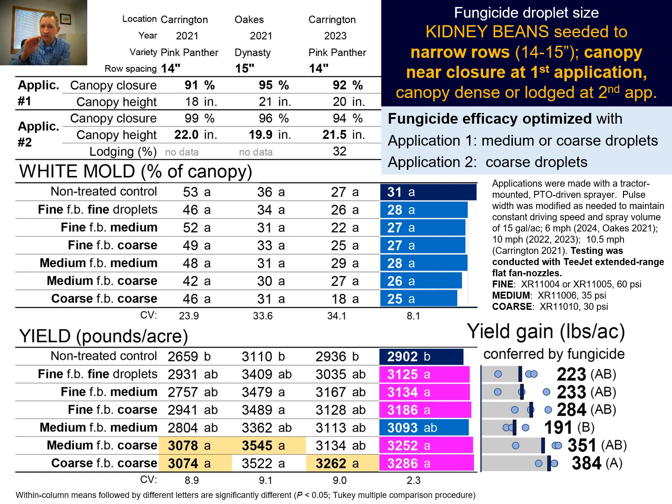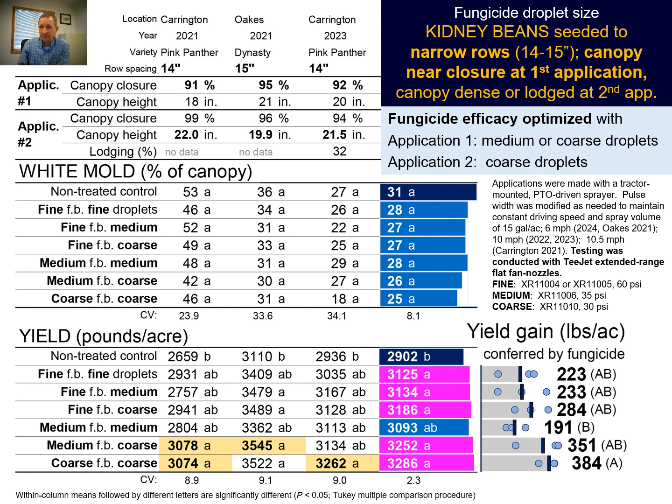So what these results indicate is that in both applications the canopy was at or near closure, and in that second application we had either a documented lodging issue or suspected lodging issue.